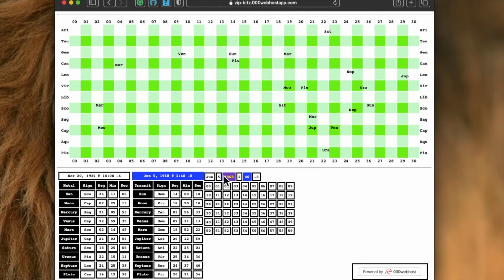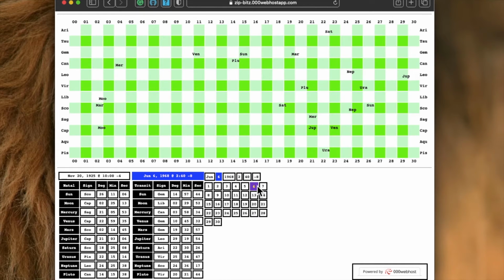And if we look forward, go to the 6th, and where are we? Right. So still the same birthday, June 6th, 1968, at 2:40 a.m. And we have the transiting moon over here. And that's going to make a square with both the moon and Mercury.